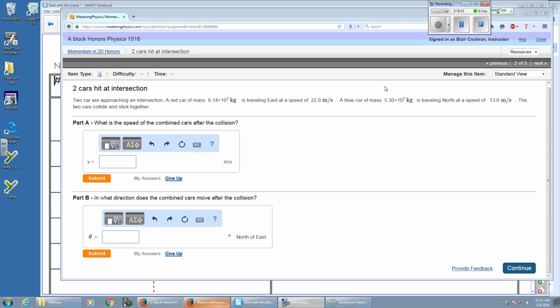The two cars collide and stick together. Hey, this is kind of like what you were doing in the interactive lab the other day with the red and the blue ball, isn't it? Two things moving at 90 degrees, and then they stick together. So, what should I have in my Y?